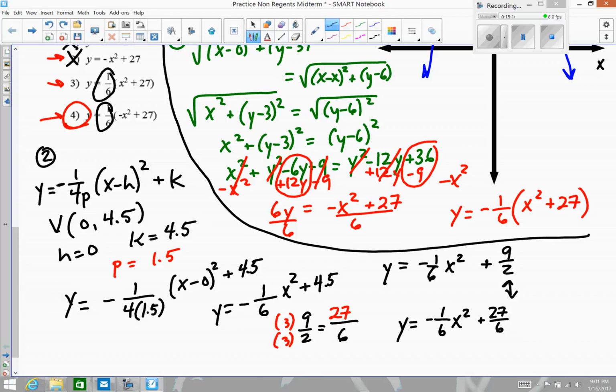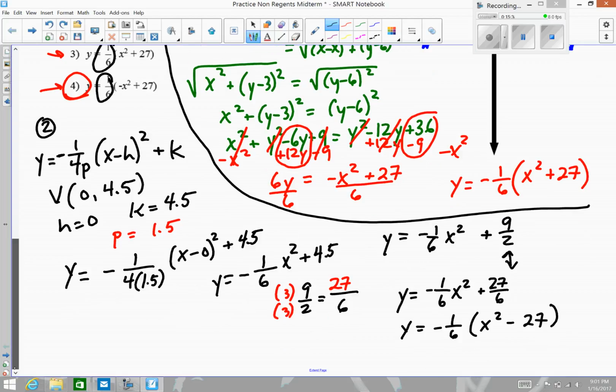Now it's a little bit easier for me to factor out that negative 1 over 6. If I do that, I get an x squared and a minus 27. And then I know that my answer is number 4, except that they didn't factor out a negative. They factored out a positive 1 over 6. So here's what we get.